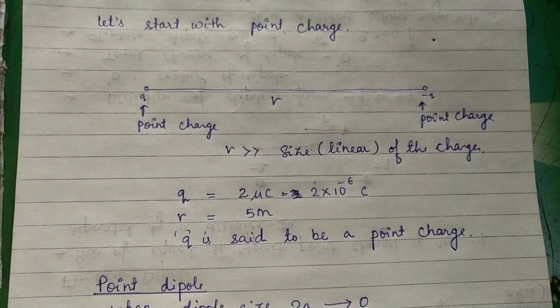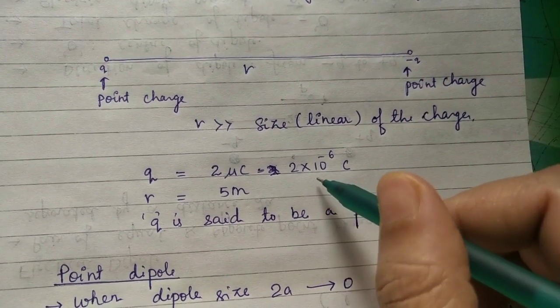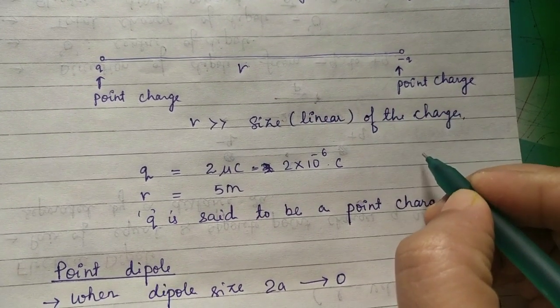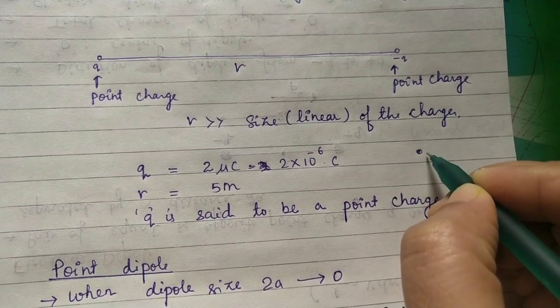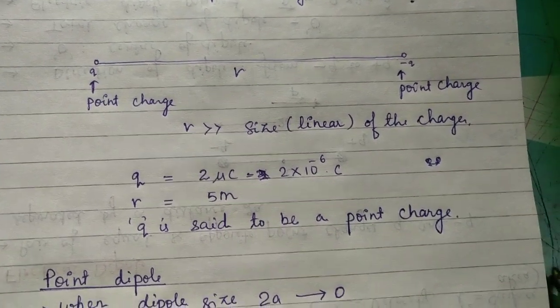Opposite of this, if we have two charges and, with respect to their size, this distance is very less, we cannot say the charge to be point.